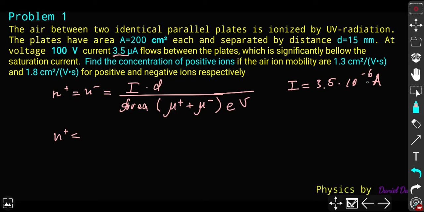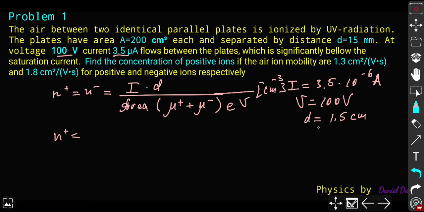Next, we have voltage, 100 volts. For d, we have 50 millimeters, but I will convert it into centimeters, which is 1.5 centimeters. So finally, I'm going to use concentration in units of centimeters to the power of negative 3.